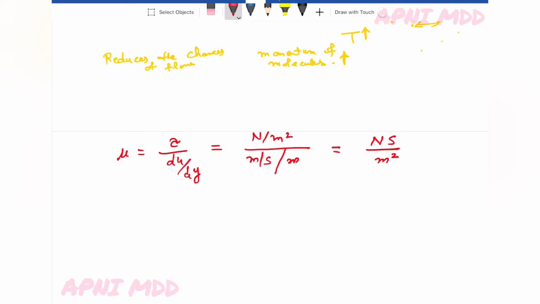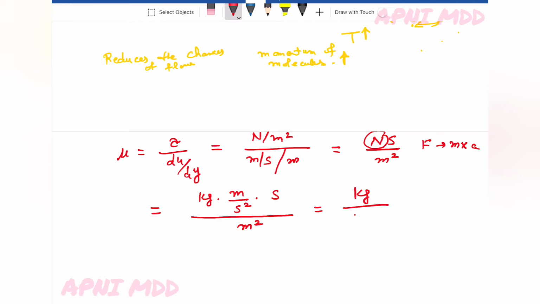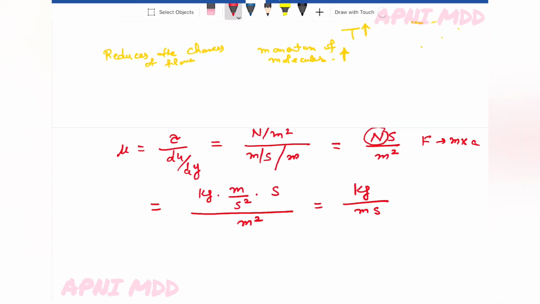Further, Newton is force, mass into acceleration: mass unit is kg, acceleration is meter upon second square, into second, divided by meter square.